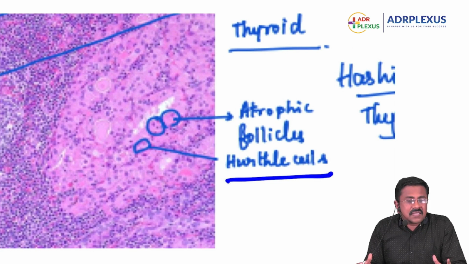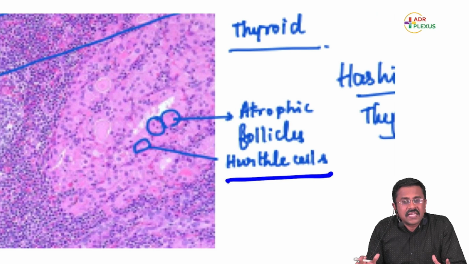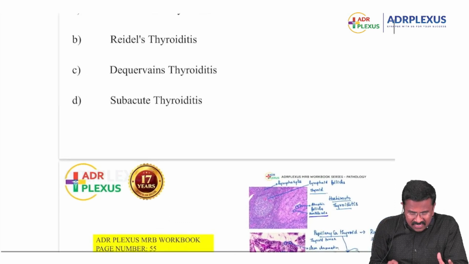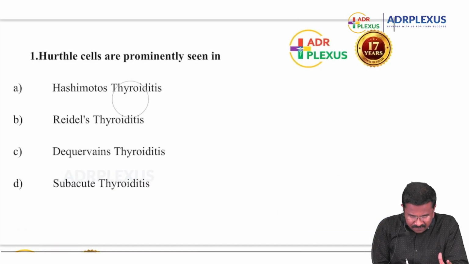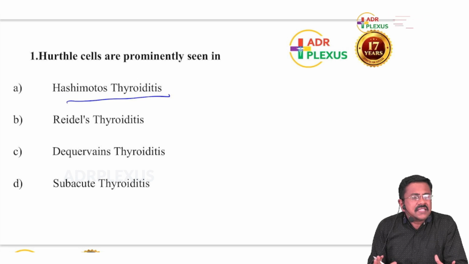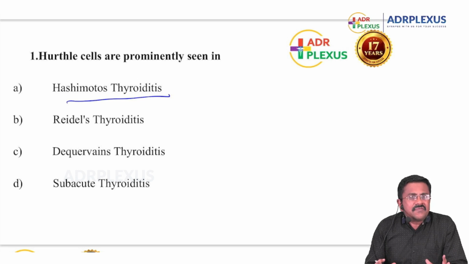As I insisted, Hurthle cells are a potential question in our exams. Exactly, they asked the same thing. Hurthle cells are seen in Hashimoto thyroiditis, and in Riedel's thyroiditis, De Quervain's thyroiditis and subacute thyroiditis, Hurthle cells will not be prominently seen. So it is Hashimoto thyroiditis.